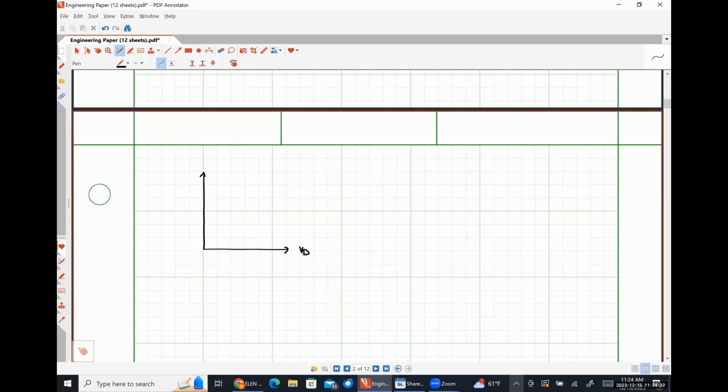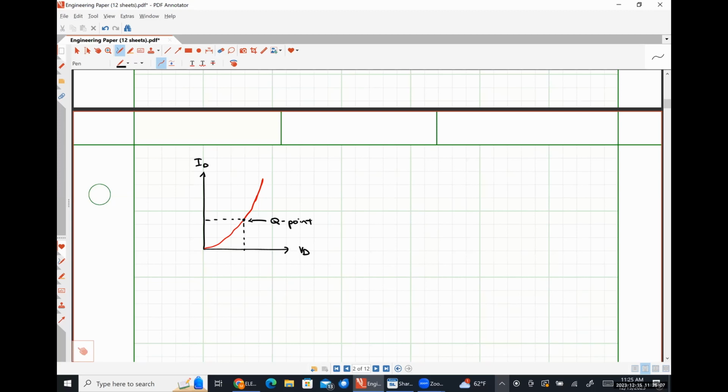So here's VD, here's ID, and then here we have our exponentially increasing curve. And then this point right here is what's called our Q point, or our quiescent operating point. Right?